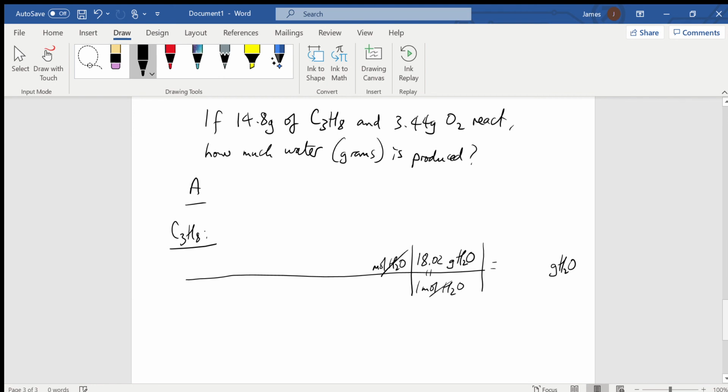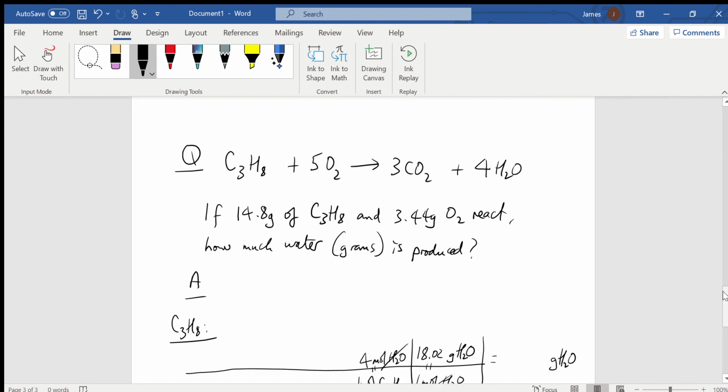So I can promote mole of water like that. I know from my balanced equation above that 4 moles of water is equal to 1 mole of propane. So just to remind you, that's coming from here, this 1 to 4 mole ratio given in the question.